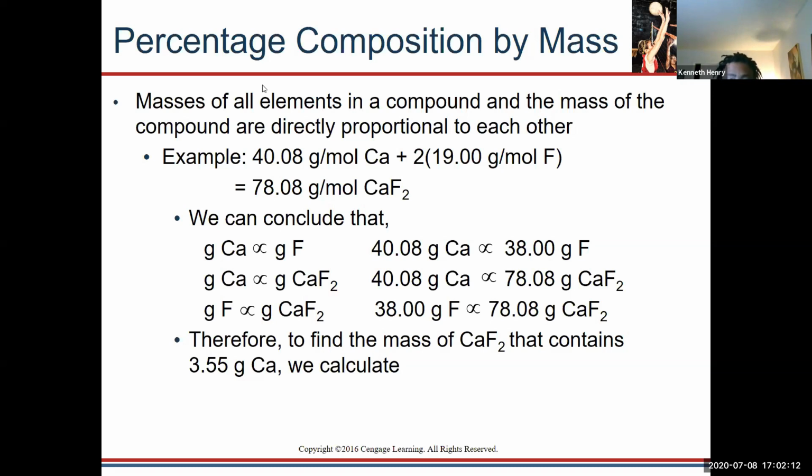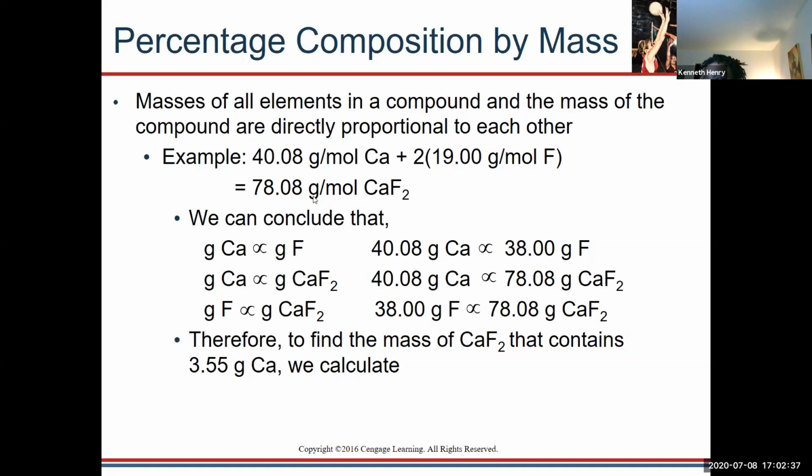We can actually use these proportionalities to do calculations to save us time. So for instance, if we're going to try to find the mass of calcium fluoride that is contained in 3.55 grams of calcium, right?